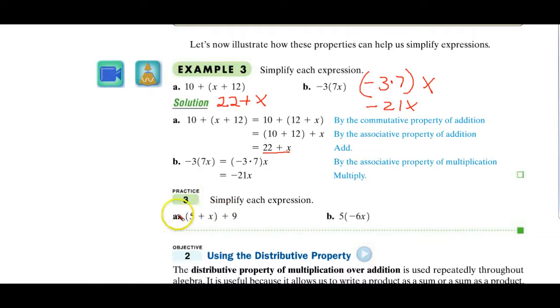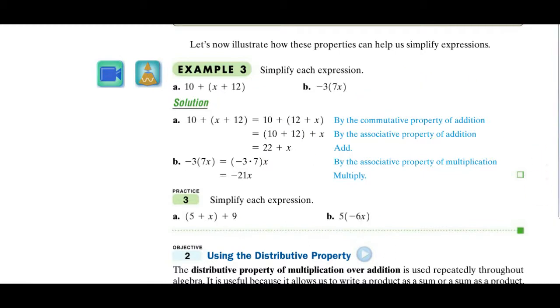And here I can just remove the parentheses, get the 9 and the 5 together, 14 plus x, and this is going to be a negative 30x. Now remember, here they're asking us to simplify. In your math lab, they may at times be asking you only to illustrate the rule, the property, without simplifying.